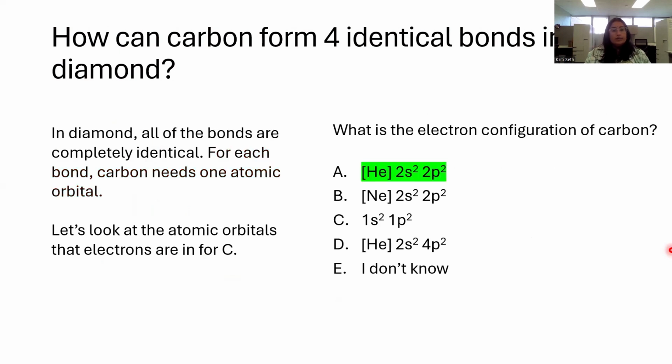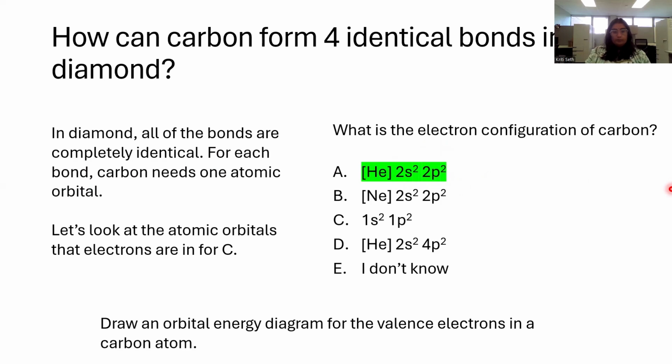Okay, yes, most people selected A. Since carbon has 6 electrons, 2 of them are in the helium core and then 2s2, 2p2. So these 4 electrons are the valence electrons that carbon would use for bonding, right?